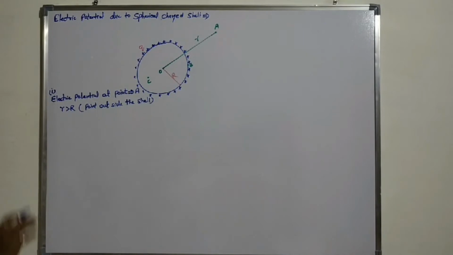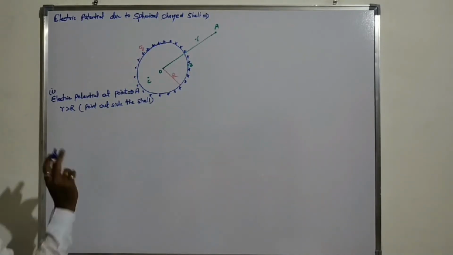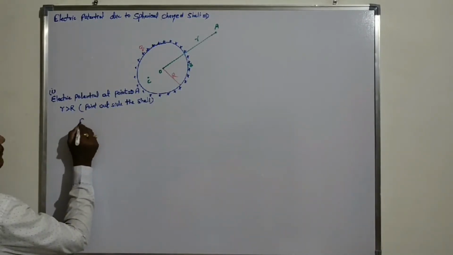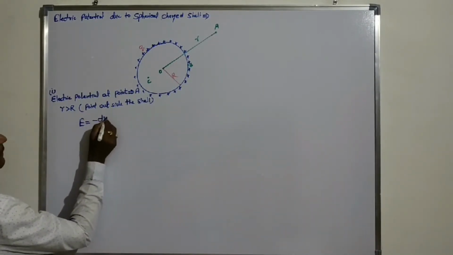Okay, so we know the relation between electric field and electric potential is E equals minus dV by dr.